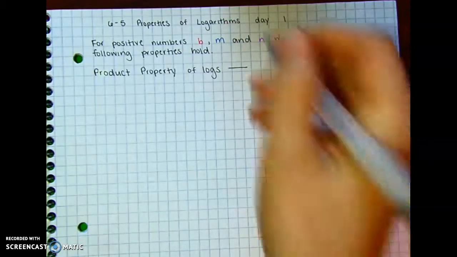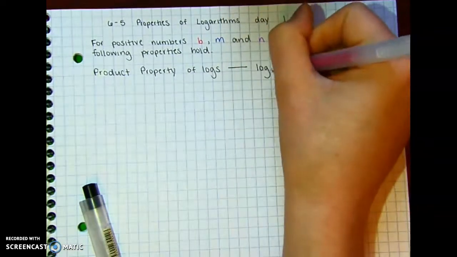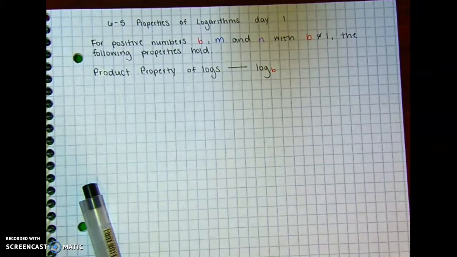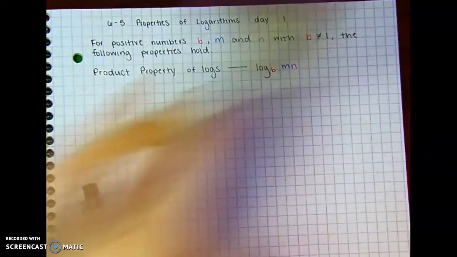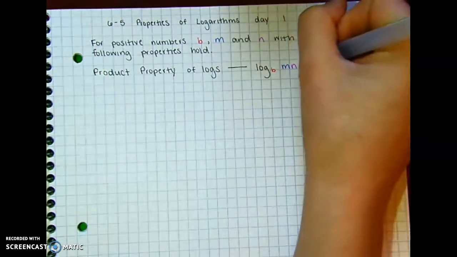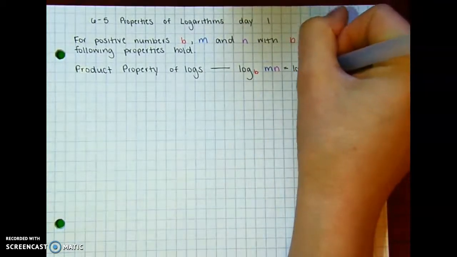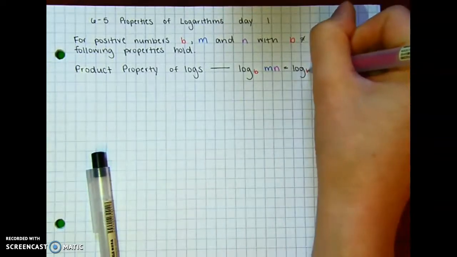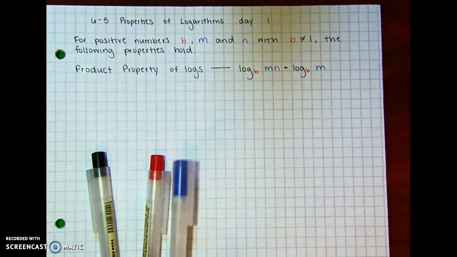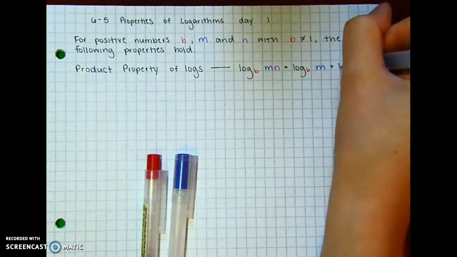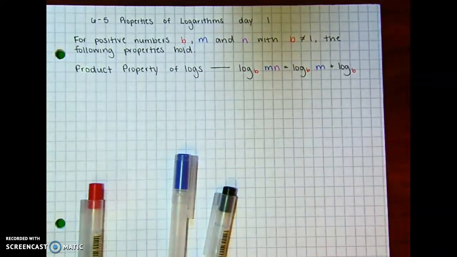So the product property states that if you have log base b of m times n, so we have a product of two numbers m, n, that can be rewritten or expanded as log base b of m plus log base b of n.